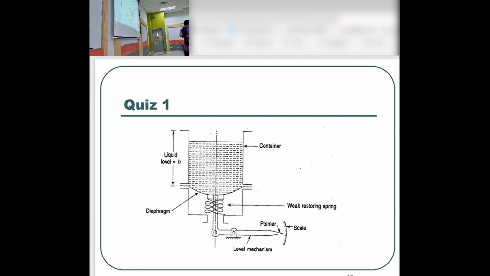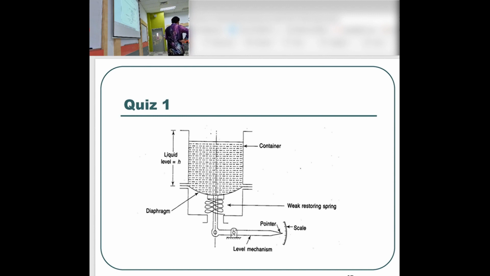Rho g h. Rho is fixed for the water, and g is fixed, but you have h, so it will give the h value. So rho g h is equal to the force. The force will give the motion to the diaphragm. Now you see, the diaphragm will move with the force from the water. So what we do is we only need to sense the deformation of the diaphragm, how big the motion of the diaphragm is.